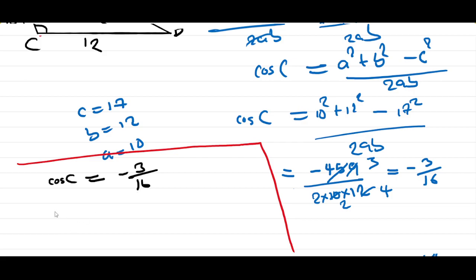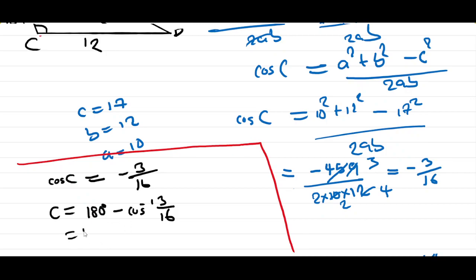Then that means c is 180 degrees minus cosine inverse of 3 over 16. The reason being that, remember when I told you that cos of 180 degrees minus c is negative cos c, so when the cosine is negative, 180 degrees has to come into the place.